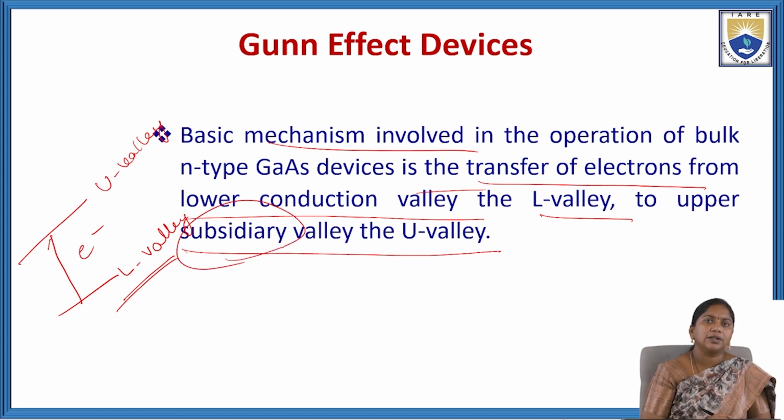The transfer of electrons from the L valley to the U valley is the mechanism involved in the operation of the Gunn diodes.